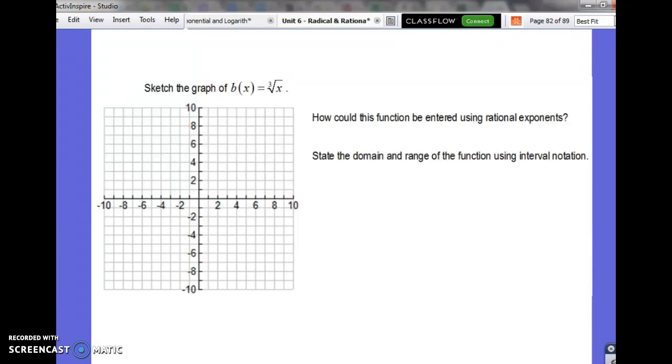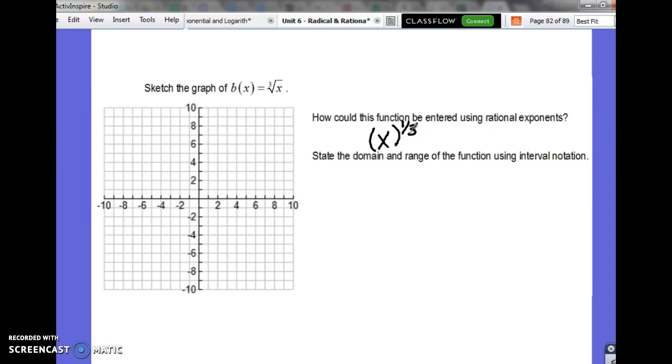So beneath the line on the back side of your paper, your instructions say to sketch the graph of the cube root of x. So first of all, remember the cube root feature on your calculator. You would need to go to y equals first and then go to math 4 to get that cube root feature. You could enter this function using rational exponents by saying x raised to the 1/3 power.